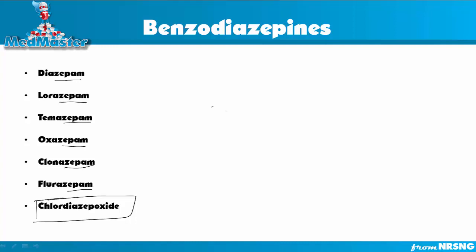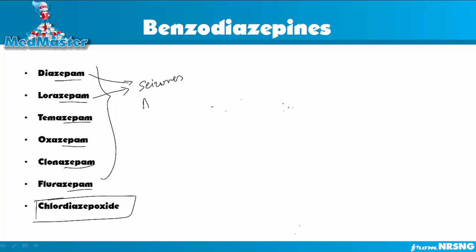It's been on the market for a while, but these are easy to remember. Anything that ends with -zepam is a benzodiazepine. And usually lorazepam and diazepam are widely used medications. They are used for seizures, often in critical care, especially if you are working in the neuro ICU. You'll see this medication a lot to control seizures.